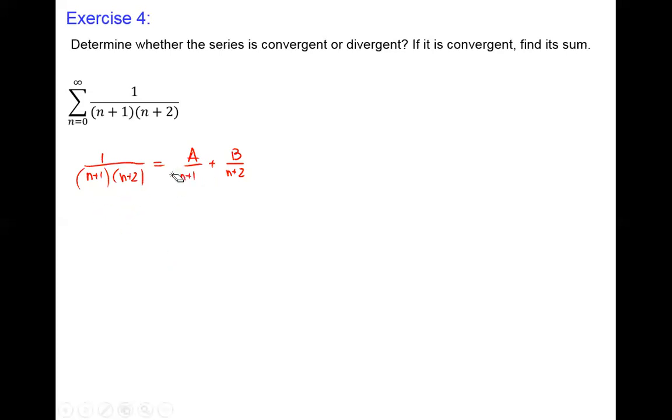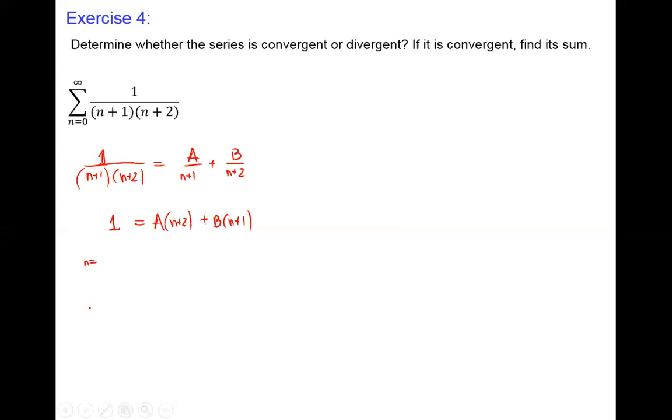If I multiply n plus 1 times n plus 2 together, I get the same denominator. Getting a common denominator, a must be multiplied by n plus 2, and b must be multiplied by n plus 1. That's my new numerator, and it must be the same as the original one, 1.